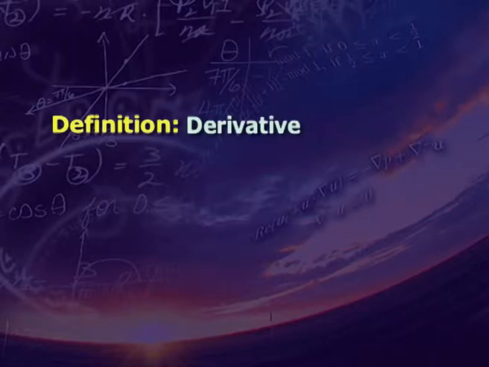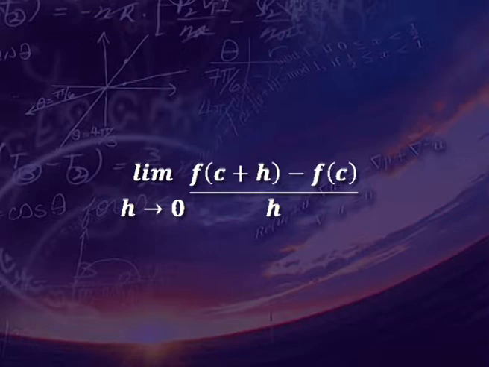We now give the formal definition of derivative. Definition: derivative. Let f of t be a real valued function defined on some subset D of R. We say that f of t is differentiable at the point c belonging to D if the domain set D contains an open interval containing the point c and the limit of f of c plus h minus f of c over h as h goes to 0 exists.